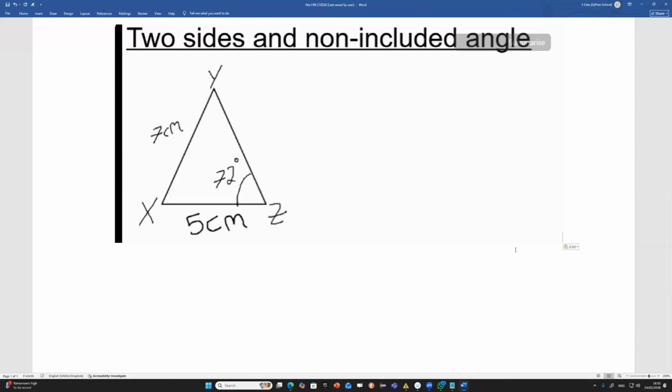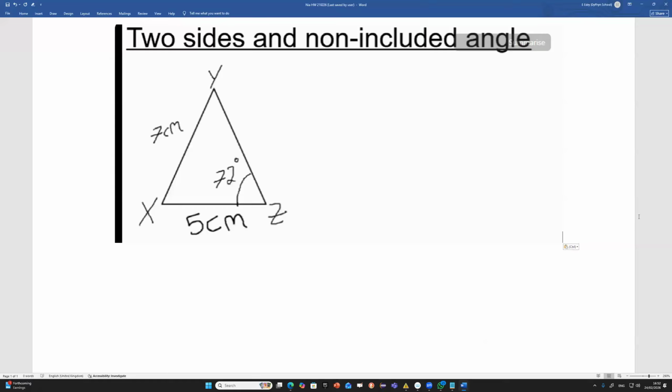And then where the arc and the line intersect, I join from there to X. And I've got the triangle, sorry, XYZ. So that was 72 degrees, that was 7, and this was 5. Does that make sense then?